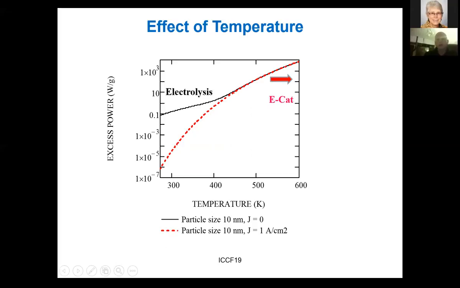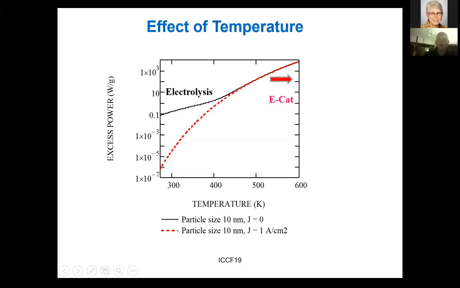If you apply electric current, like in electrolysis, you can produce more and more LAVs. That's why the reaction rate increases. But in ECAT installations, in principle, it is possible to produce LAVs by pure heating.